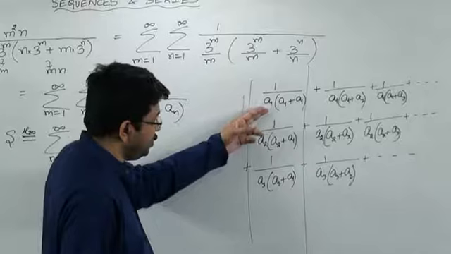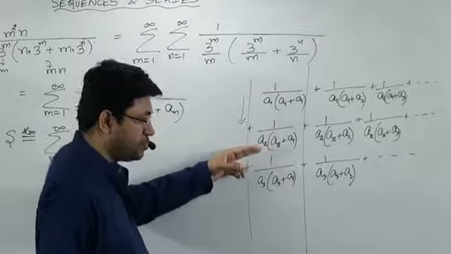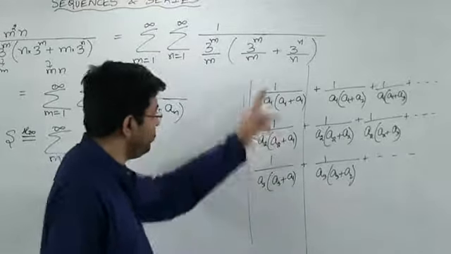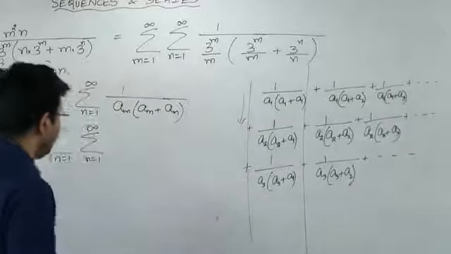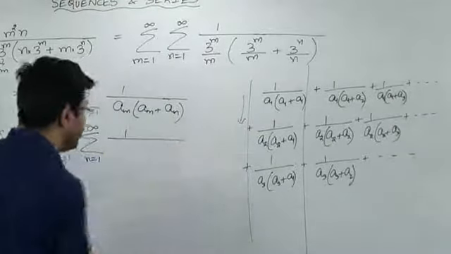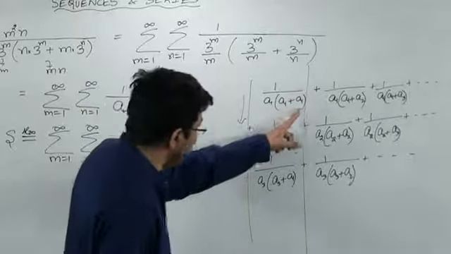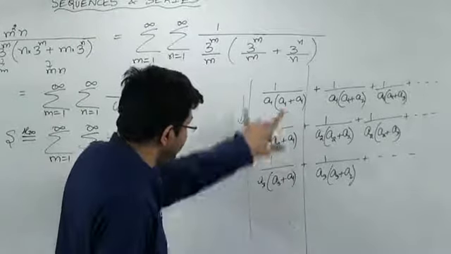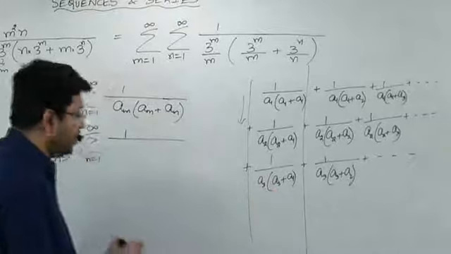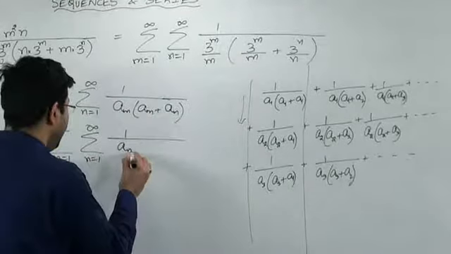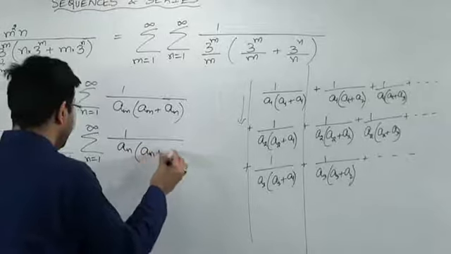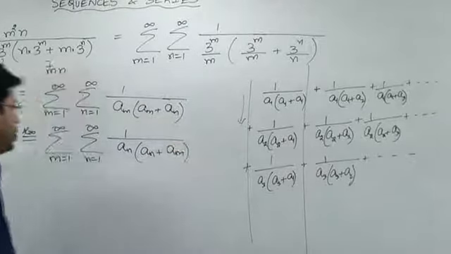Now if this is the first term, then second term, third term, etc. Instead of 1, 2, 3, then it is 1 by a1, which is fixed, but this is changing. n is changing here, m is fixed. So it is an times an plus am.